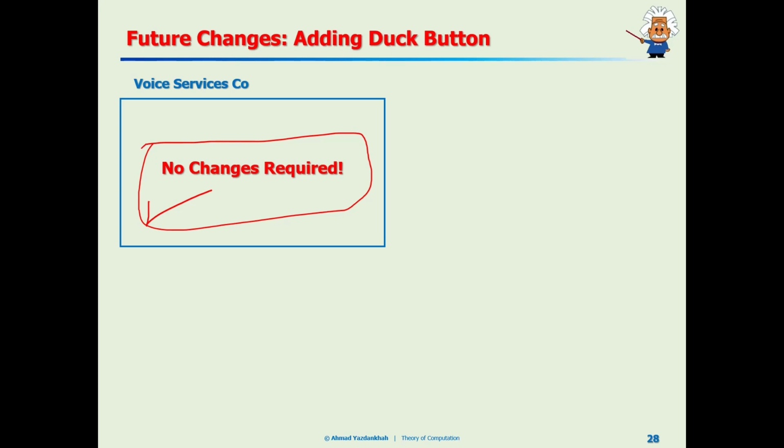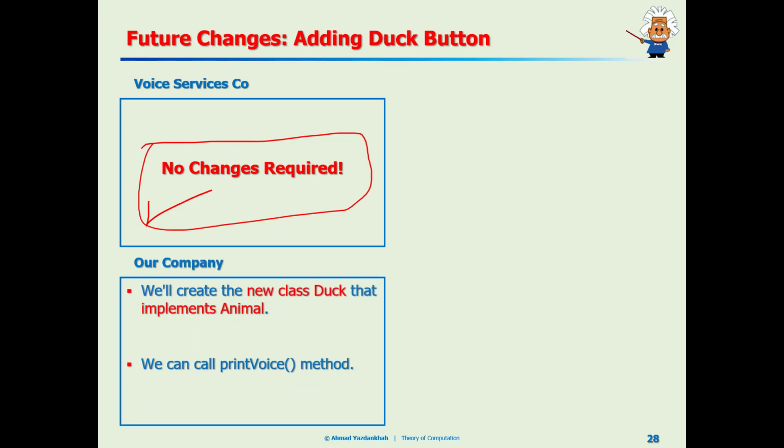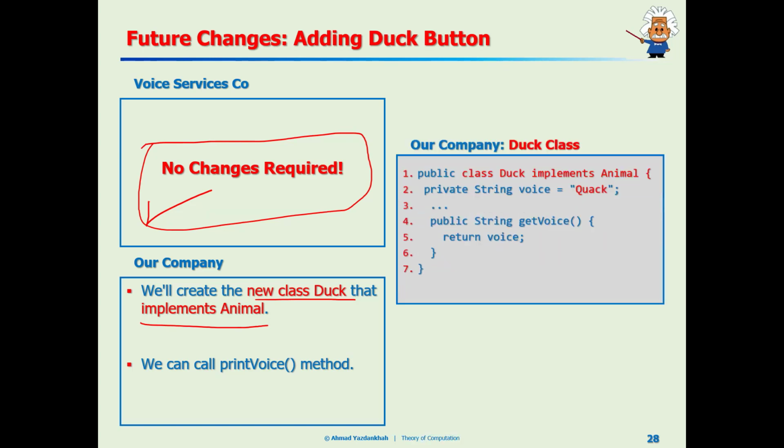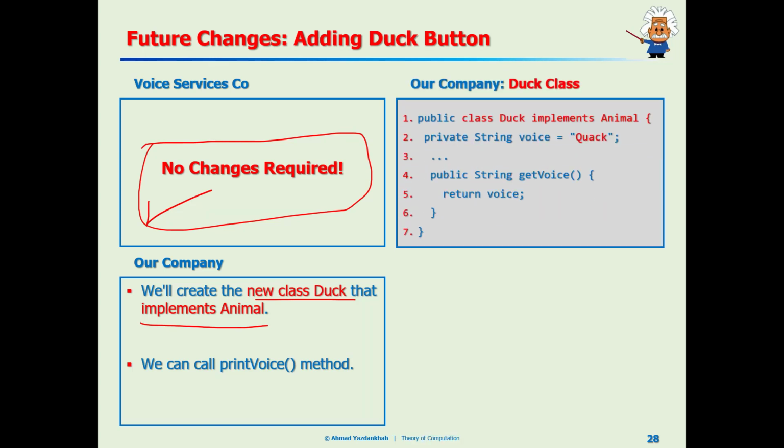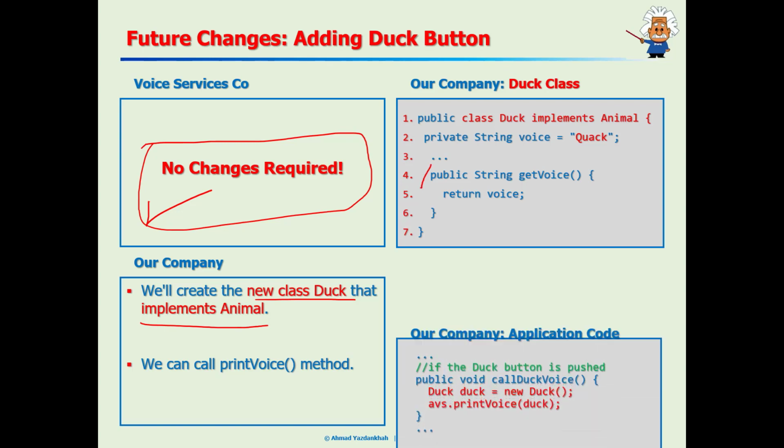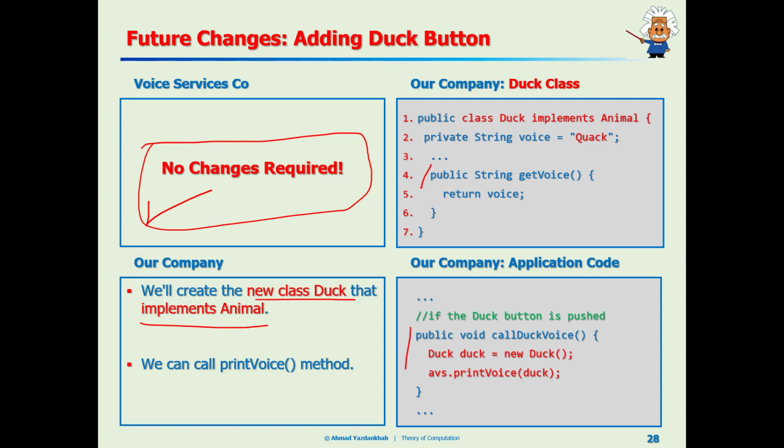But in our company, we need to create a new class, Dog, and then it should implement Animal. Every class that we are adding should implement Animal. Otherwise, we cannot use their code. All right. And also, we need to add a portion for that particular animal in our application.